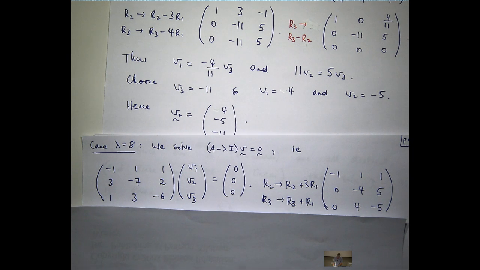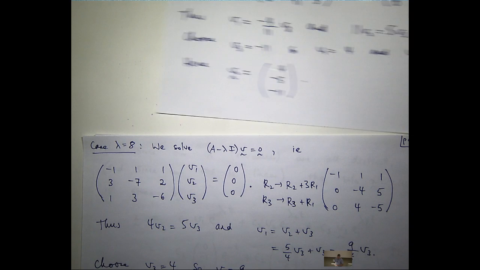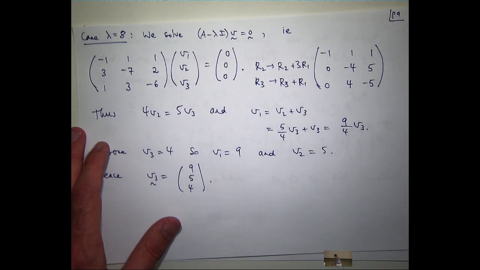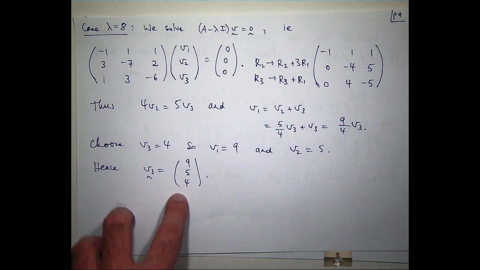So I've done a little bit of row reduction, and here's what I've come up with. I'm moving a little quicker now because we are running out of time. Again, you don't have to write down the whole thing. My V3 is just here.